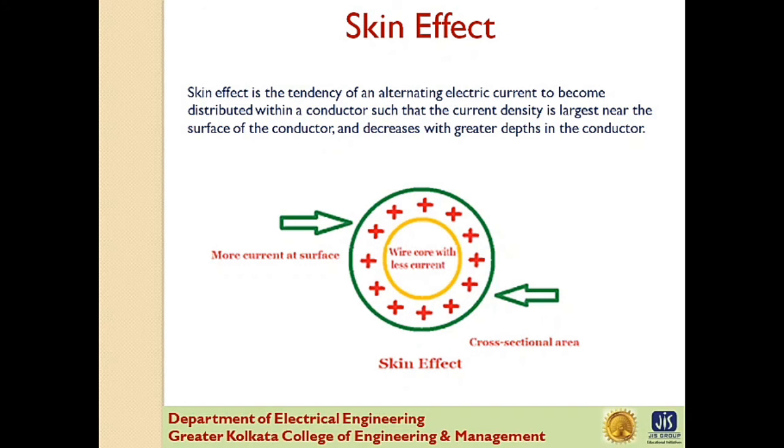The high reactance of the inner strands causes the alternating current to flow near the surface of the conductor. This crowding of the current near the conductor surface is known as skin effect. But in case of direct current, the inductance is 0. Hence, the current distributes uniformly over the entire cross section of the conductor.